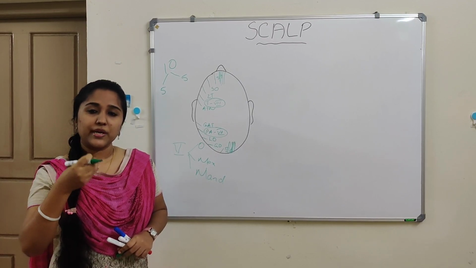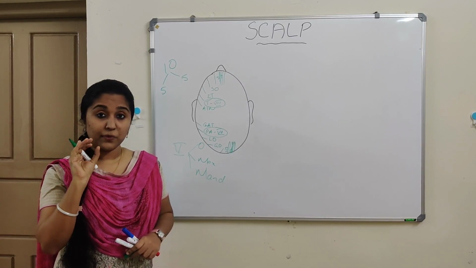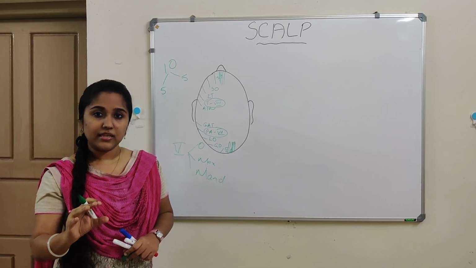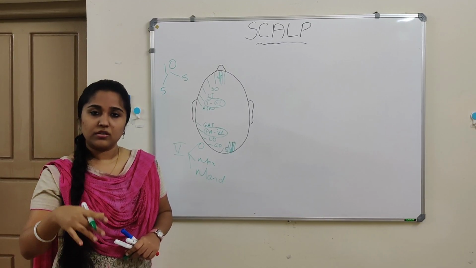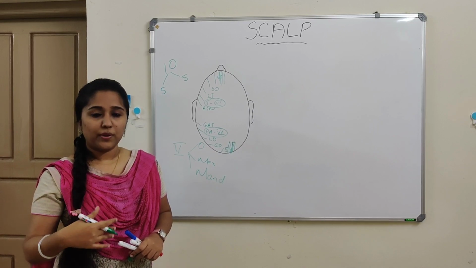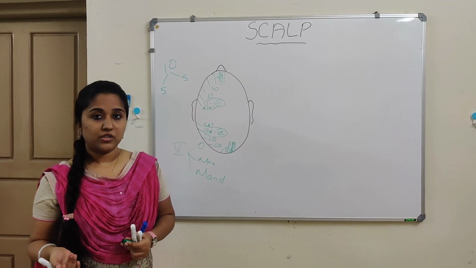Also, since the subcutaneous tissue of the scalp is thick and dense, the local anesthesia might not diffuse properly inside. We have to give general anesthesia for operations of the scalp, preferably.